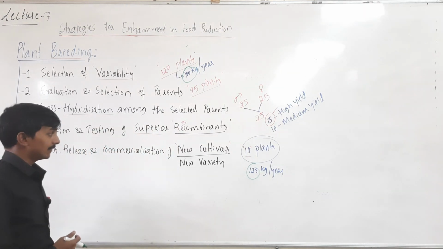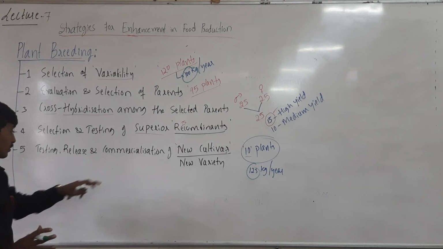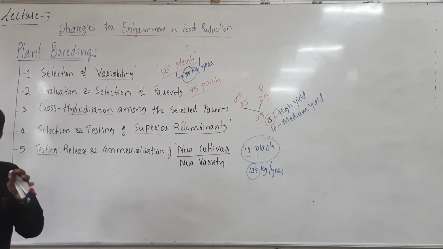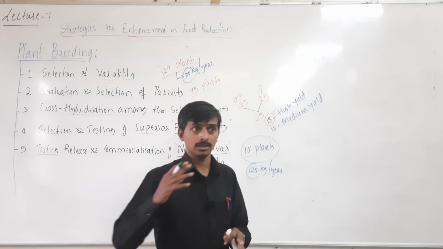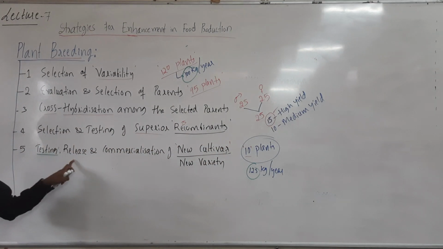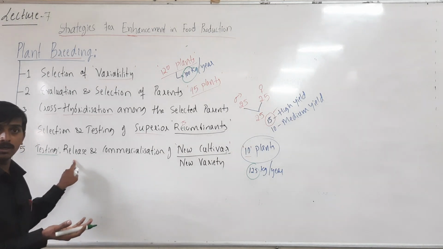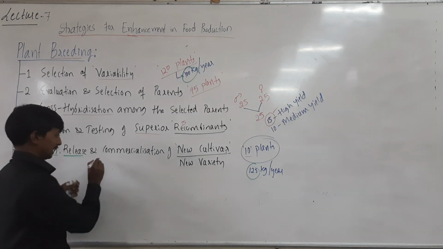So, now they will commercialize that variety. Okay, so for that, firstly they have to test. 1 year they will grow those seeds in the field. Yes, if they are giving the same amount of yield, testing is done. Now they will release, means they will popularize that to the farmers by the process of commercialization.